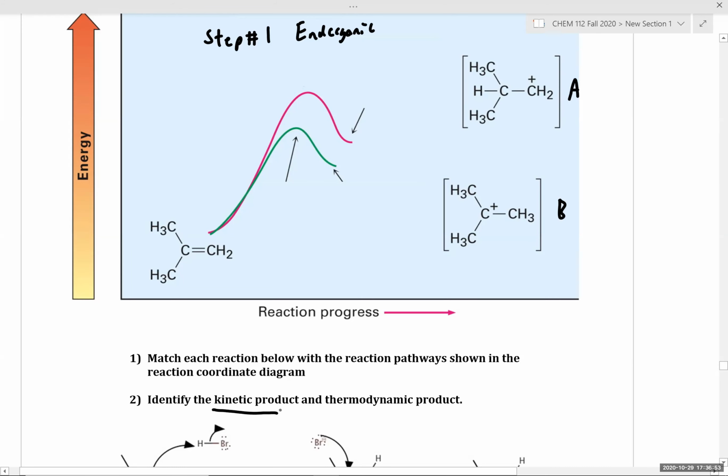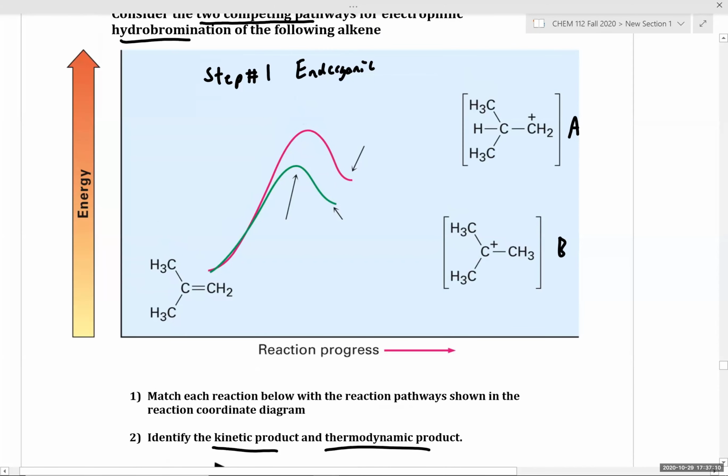And then I'd like you to identify the kinetic and thermodynamic product. And I'd like you to tell me which intermediate is preferred in this reaction pathway. So you may have to break out the annotate tool for this. And we'll discuss this example in about 3 to 4 minutes.